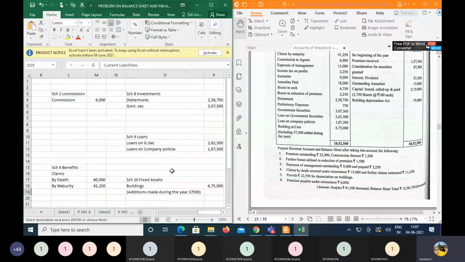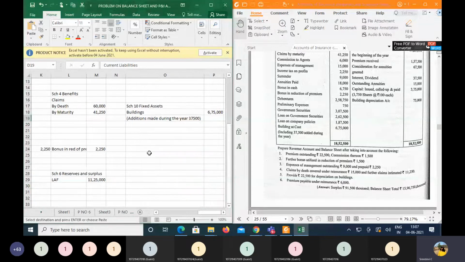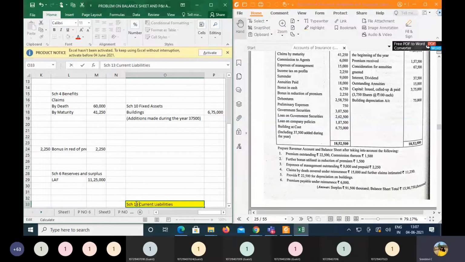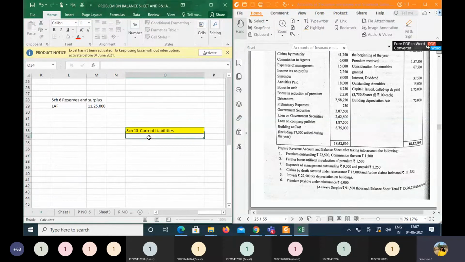So let's move after 10. We need to even have number 13, current liabilities. So under this we can very well show it as outstanding.